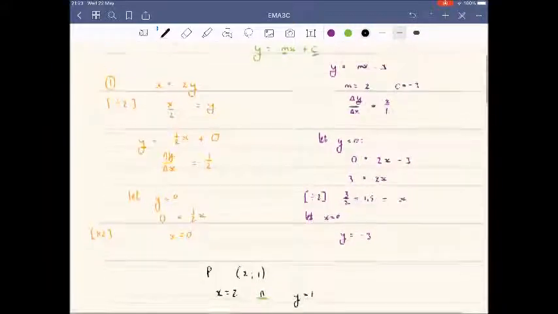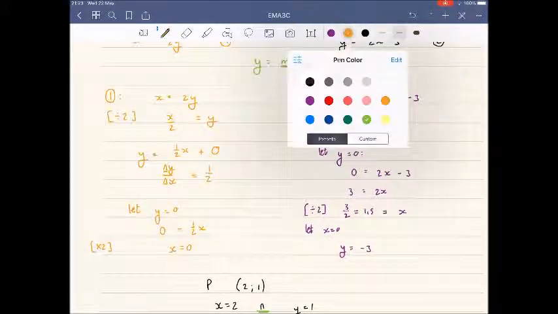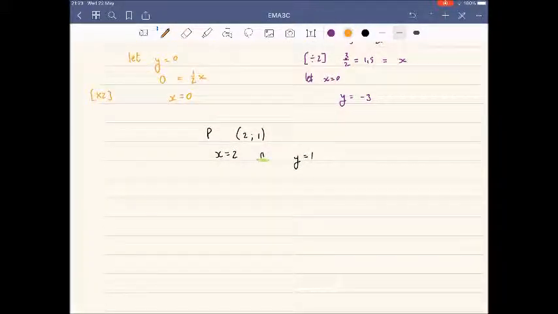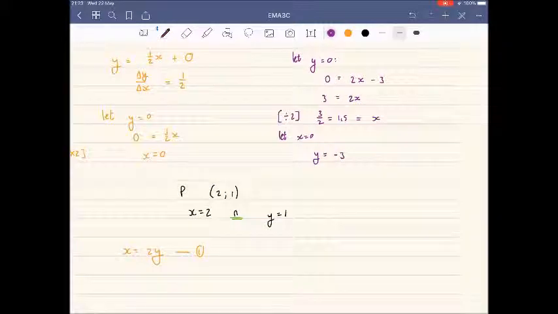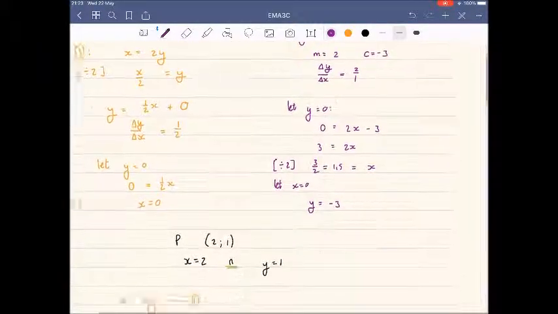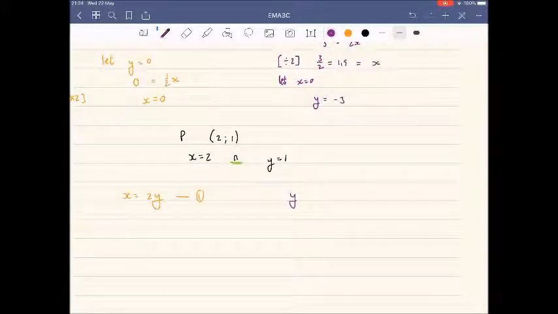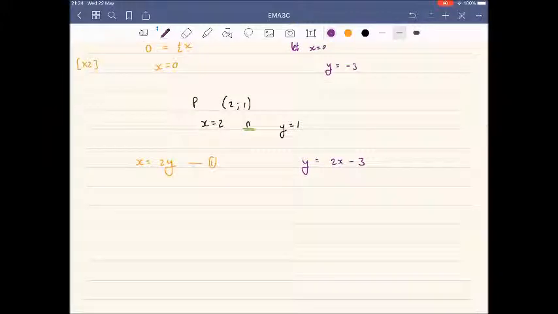We'll keep our same colors. So we have x equals 2y as equation 1, and we have y equals 2x minus 3 as equation 2. So, what is the rule of substitution?